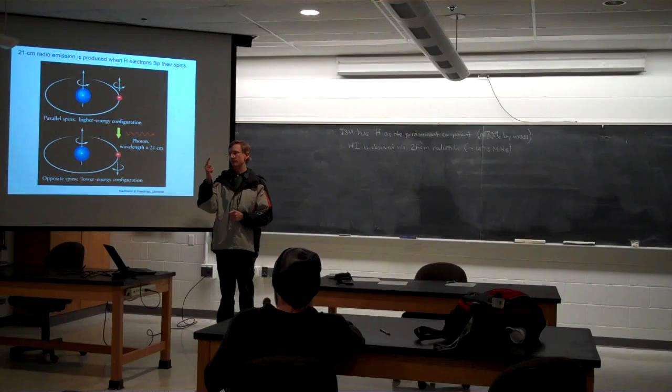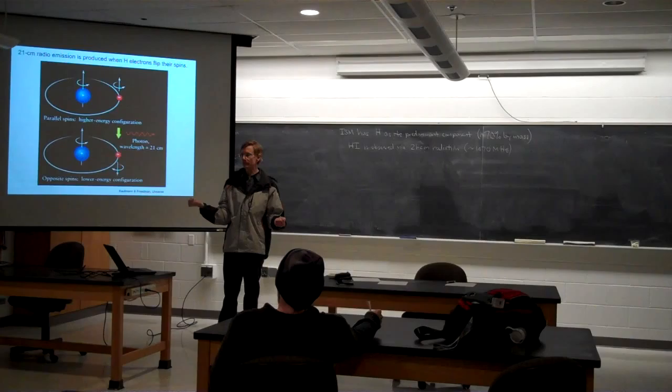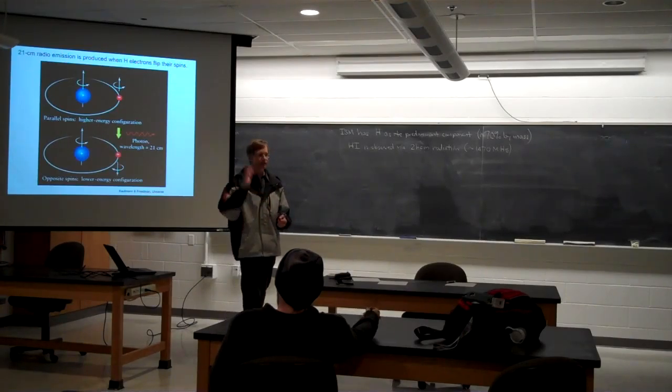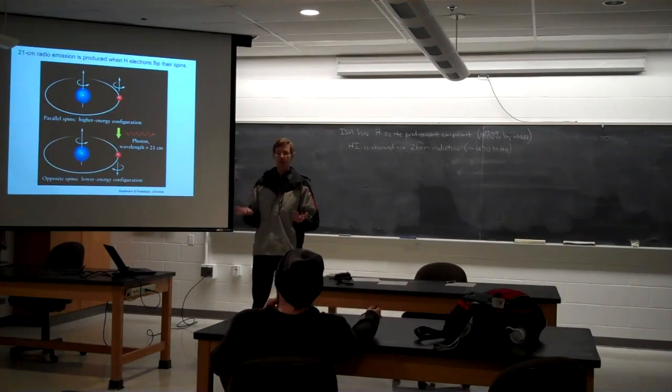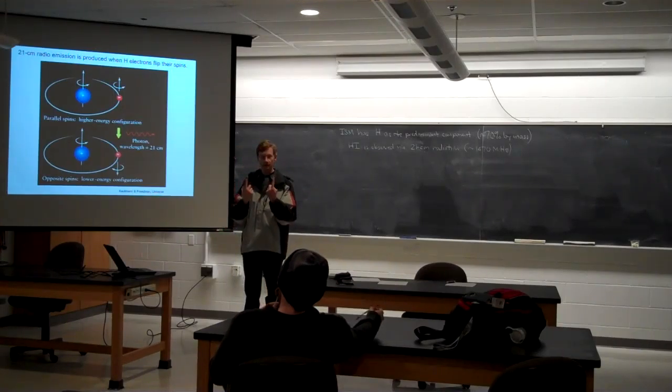But if you think semi-classically of a proton or an electron as a little spinning ball of charge, it constitutes, based on that, a circulating electric current. Currents give rise to magnetic fields, so protons and electrons have magnetic dipole moments associated with them, and they have an interaction energy as a result of them.